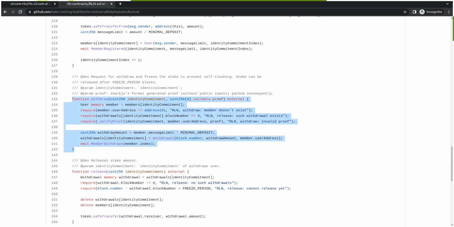But if a user created the withdraw request, clearly this identity commitment, this rate commitment will be removed from the Merkle tree. So we are clearly removing the user from the Merkle tree. Yeah. Cool. Makes sense.